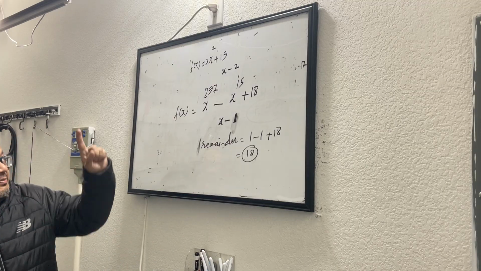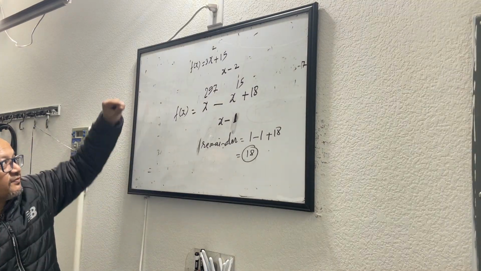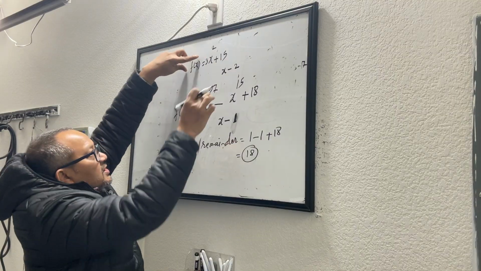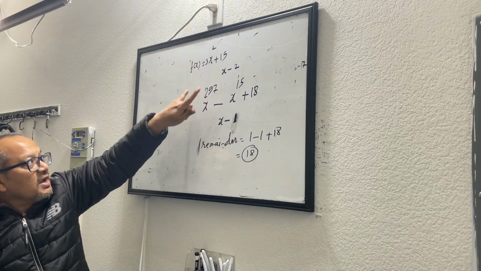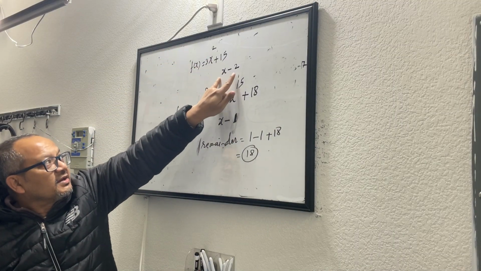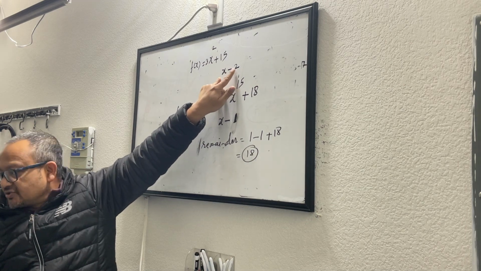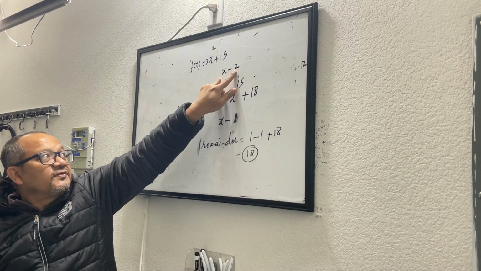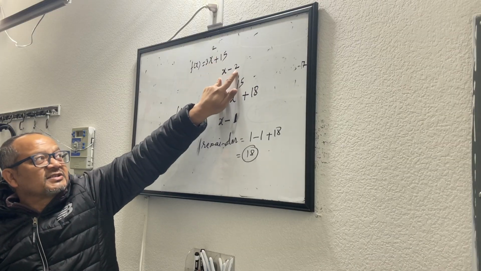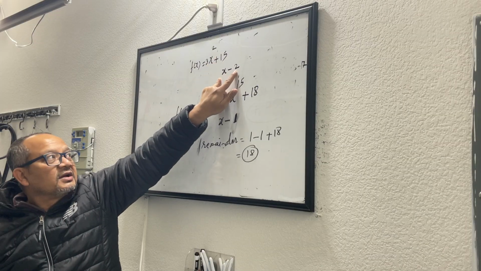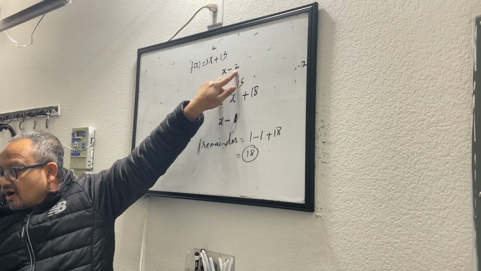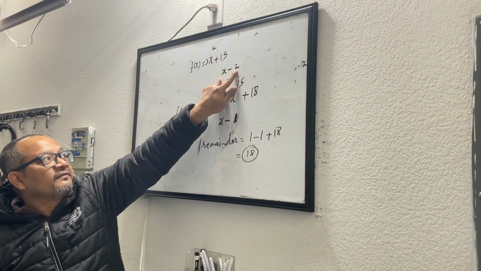The polynomial remainder theorem says that if you have a function as a polynomial, and if you divide that by x minus a, here the a is 2, then the remainder of that division would be equal to f of a.